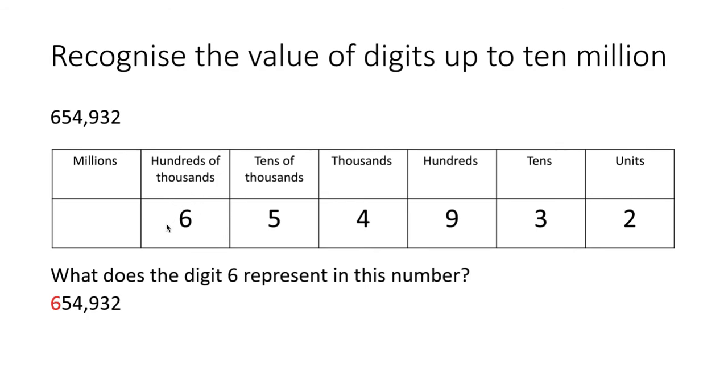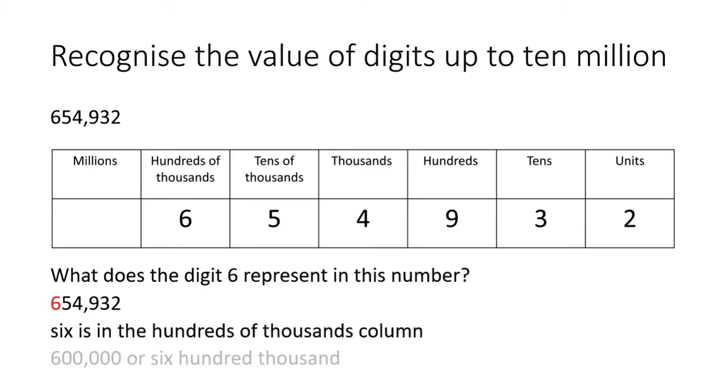So I already know that it's worth 600,000, 600s of thousands. And I can write that as 600,000 or in words, six hundred thousand. They both mean exactly the same. This is in words, this is numerically.